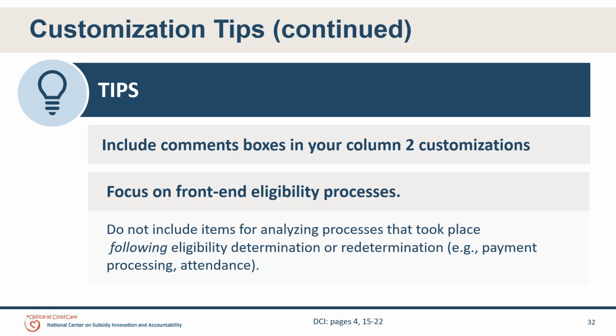We don't want to see items that analyze what took place following eligibility and authorizations, such as payment processing or time and attendance. Those are what we would call back-end errors. So that's, again, something that we'll be looking for when we review your submission of your worksheet template.